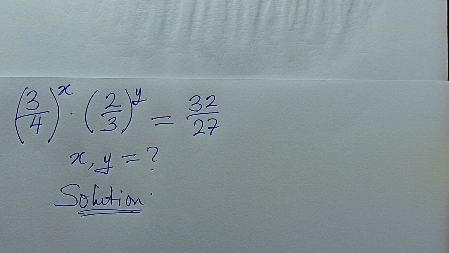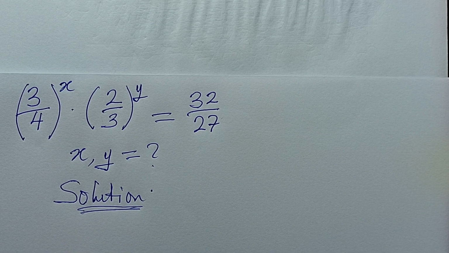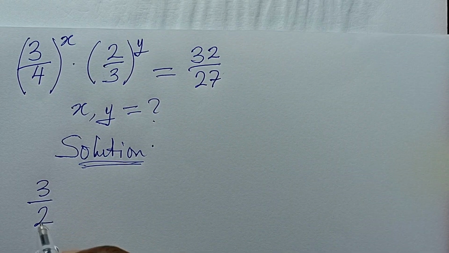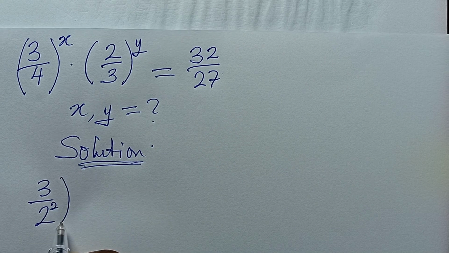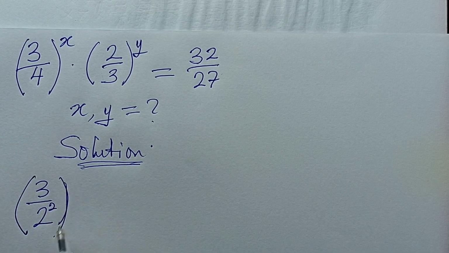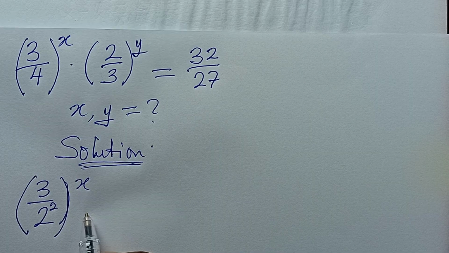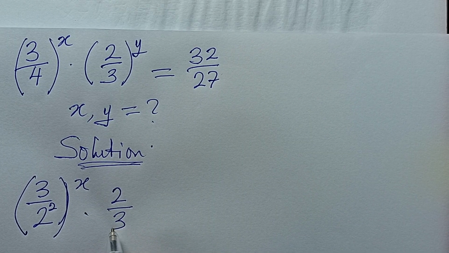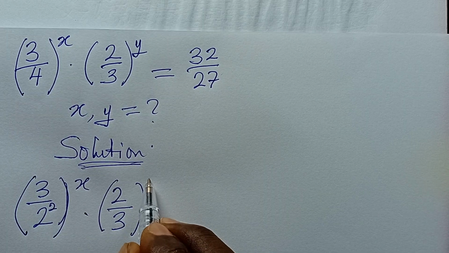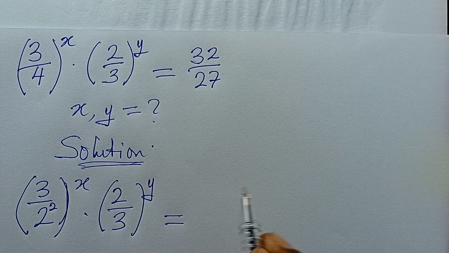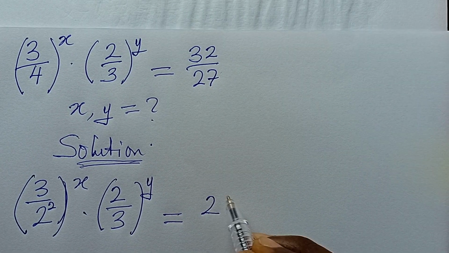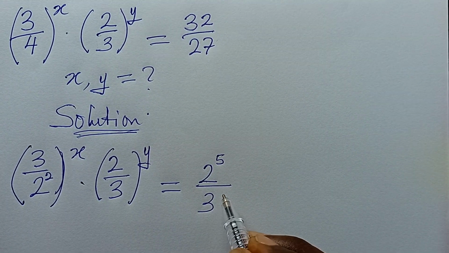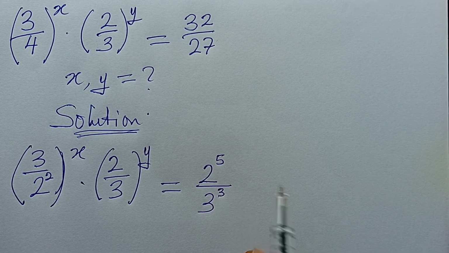And so the first here is going to give us (3/2^2)^x times (2/3)^y, equal to 2^5 over 3^3.